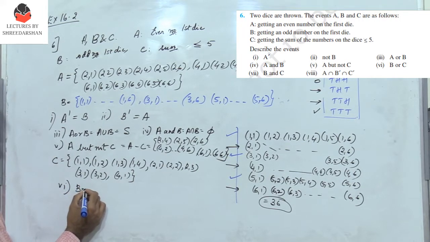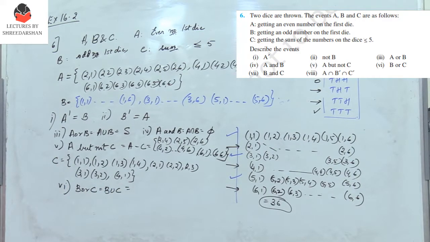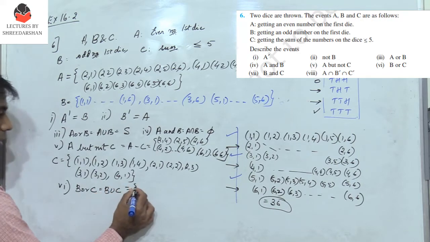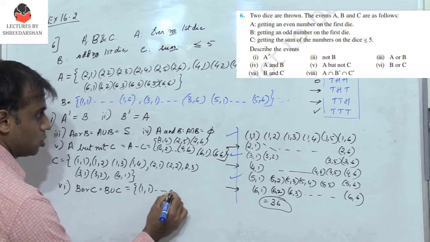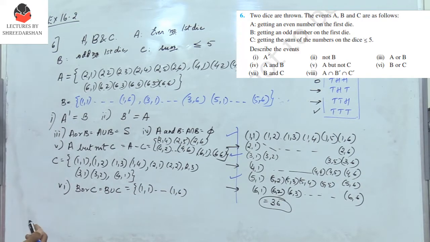Next I have B or C. That means it is nothing but B union C. So B refers to all the outcomes where the first number is odd. So I have 1, 1 to 1, 6. Then let me consider C here.